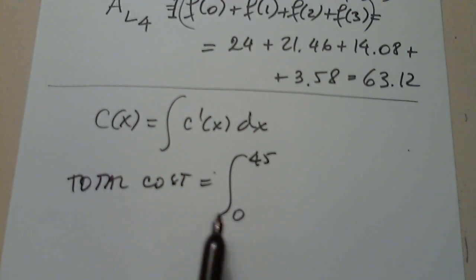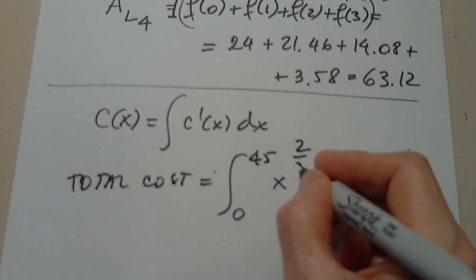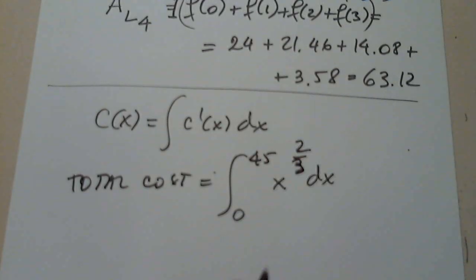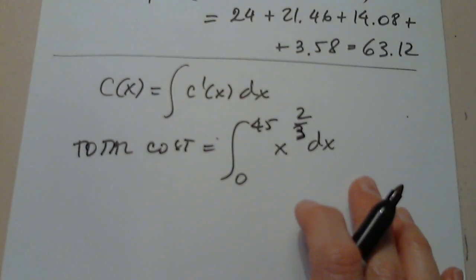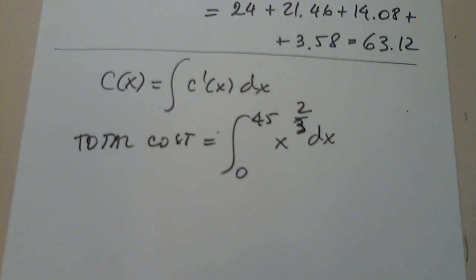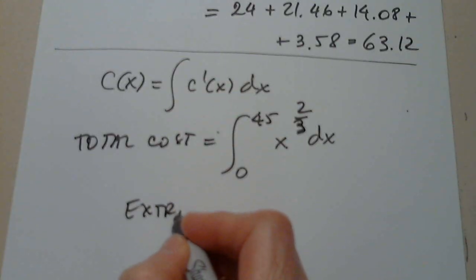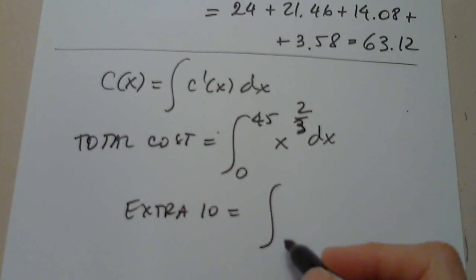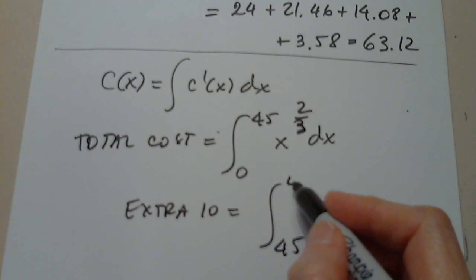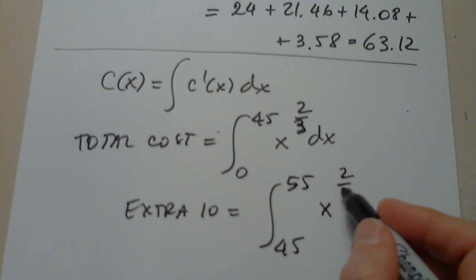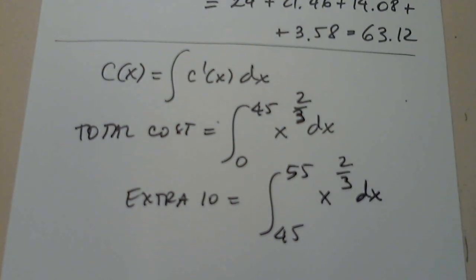The total cost has to be a definite integral of x to the 2/3 dx. We calculate this. And then for the extra 10, we have the integral from 45 to 55 of x to the 2/3 dx.